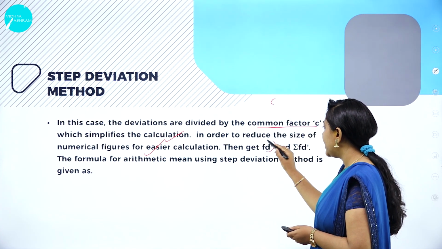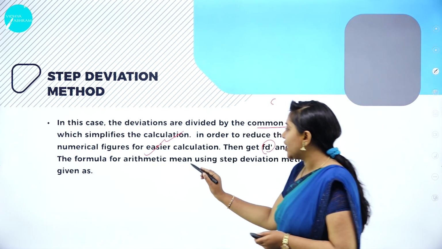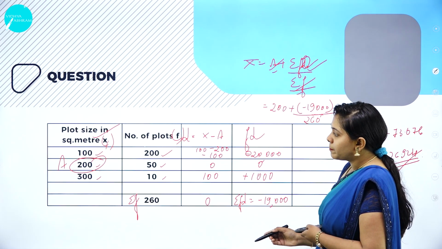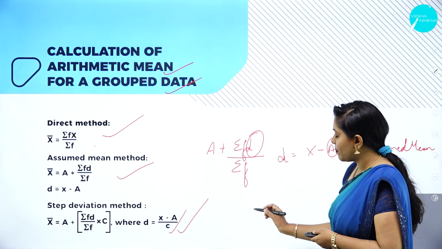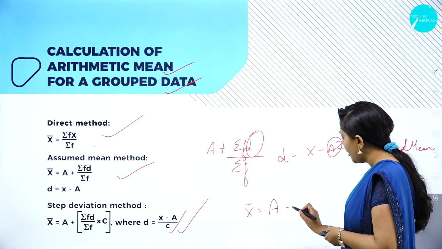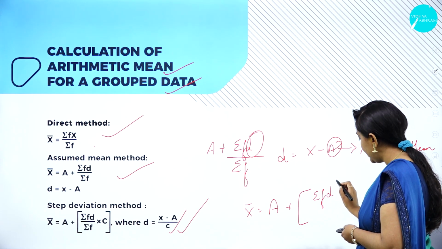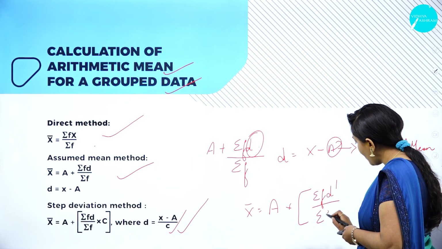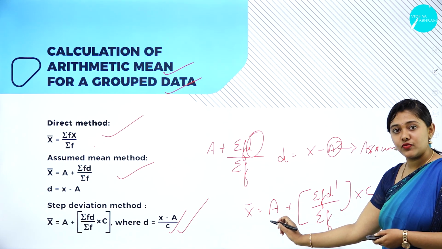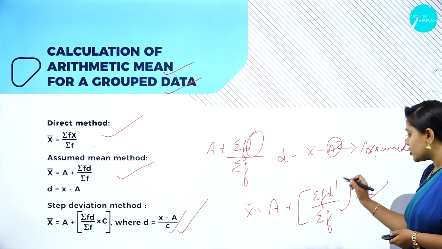Then get FD dash, sigma FD dash. The formula for arithmetic mean using the step deviation method is given as follows. X bar is equal to A, which stands for the assumed mean, plus sigma FD dash divided by sigma F, into C. C stands for the common factor, and FD dash we have to find out.